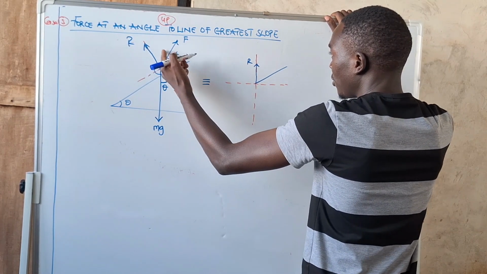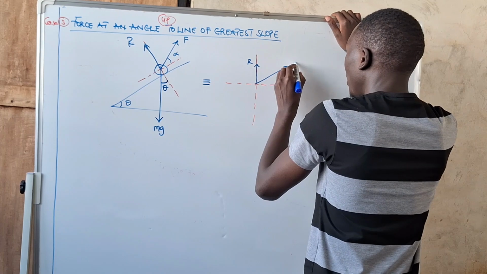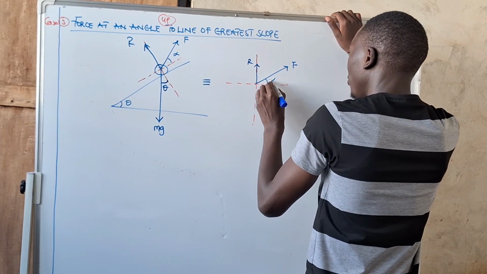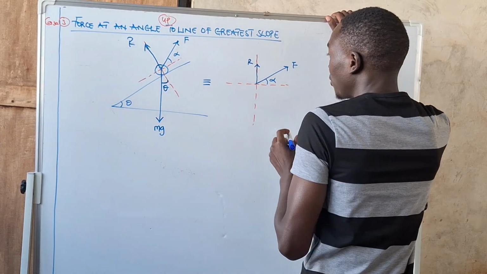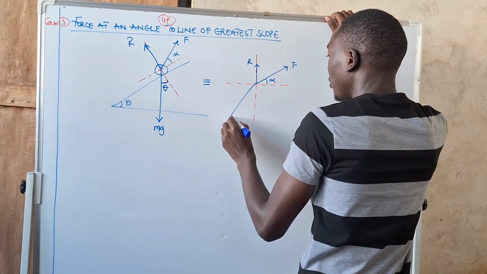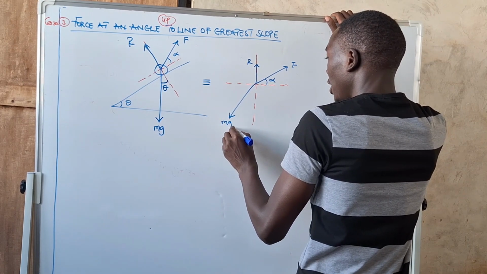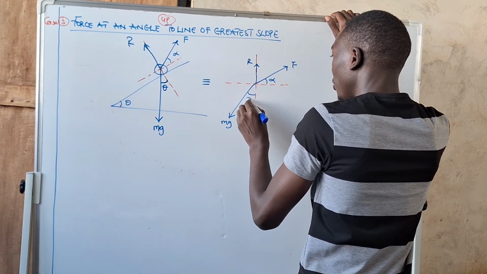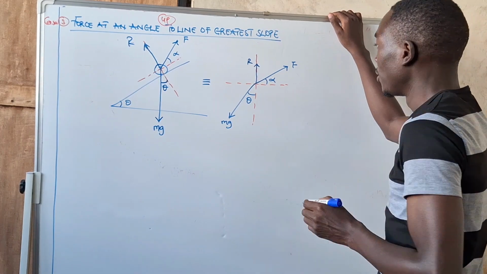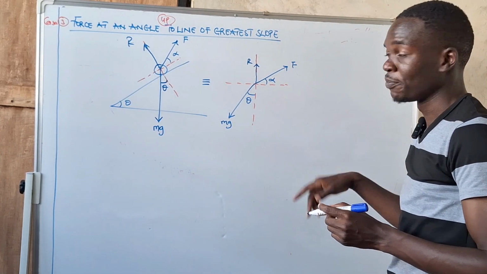I think you can see in this quadrant, we have a force, F, which is at an angle alpha to the horizontal. And then down here, we have our weight, mg, acting at an angle theta to the vertical. Ladies and gentlemen, these are the forces acting on the body.